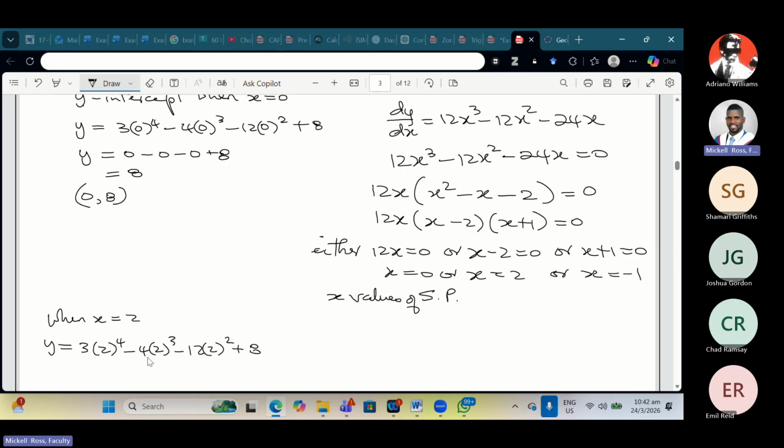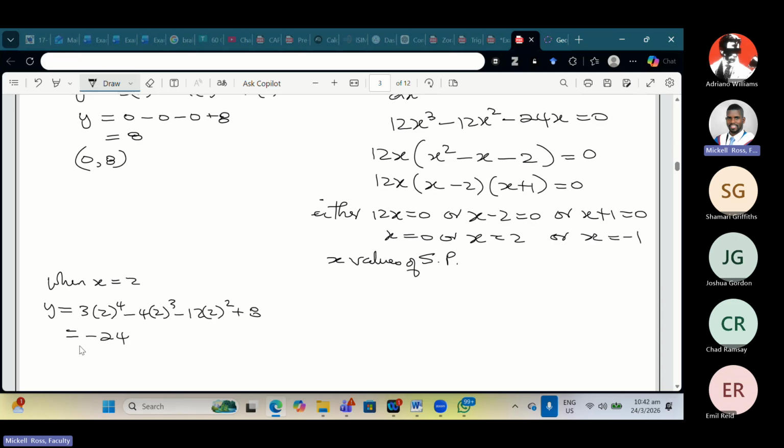I'm just going to use my calculator to work that out. Get negative 24 for the stationary point.